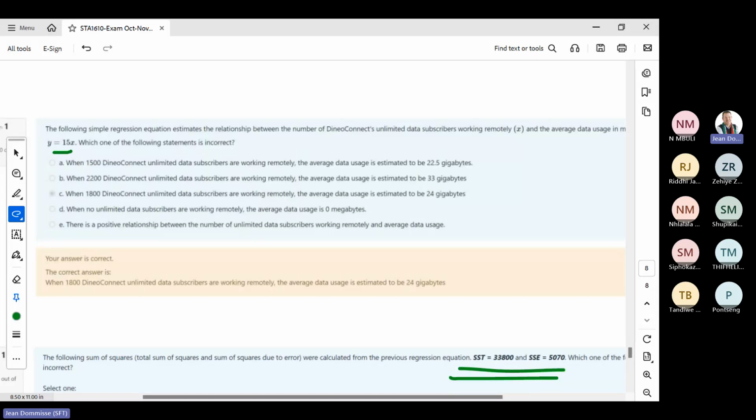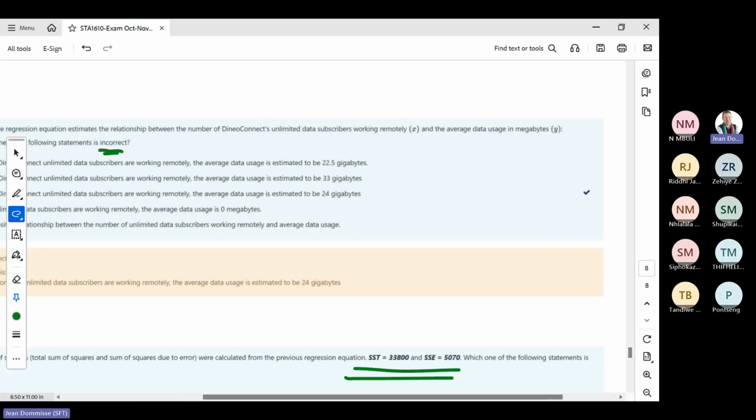So there's your formula. Which one of the following statements is incorrect? Okay, so when 1,500 DynaCollect unlimited data subscribers are working remotely, the average data usage is estimated to be 22.5 gigabytes. We want the incorrect one.